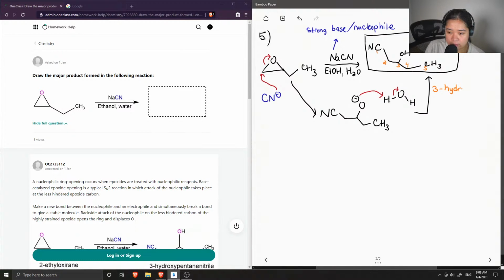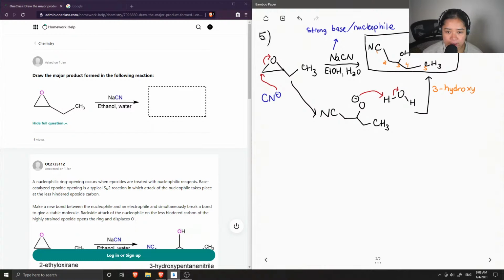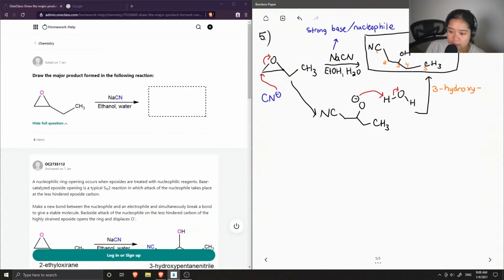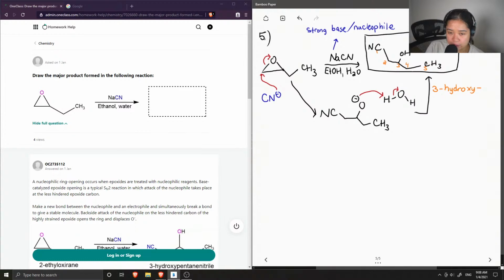The reason for this is that the main carbon we're looking at is the nitrile, so this will be our suffix. It is more prioritized than the alcohol group in terms of functional groups. So 3-hydroxy, and then our parent name was penta, and our suffix is just nitrile, so pentane nitrile.